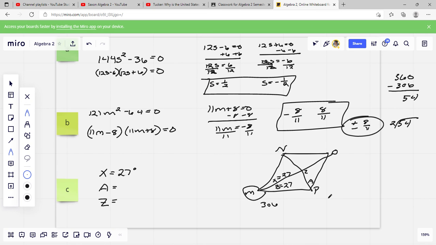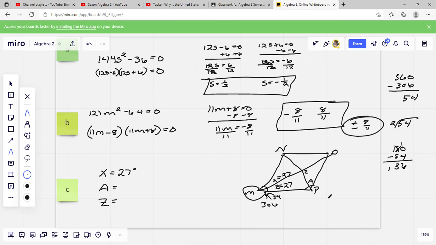Then A. If I know that this angle, which is 54, all the way across there, plus this angle P right here all the way across there would be 180. I can say 180 minus 54, which would be 136.